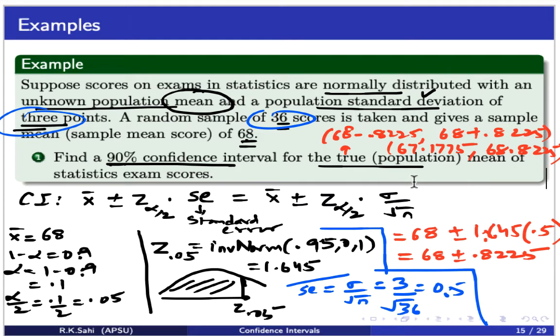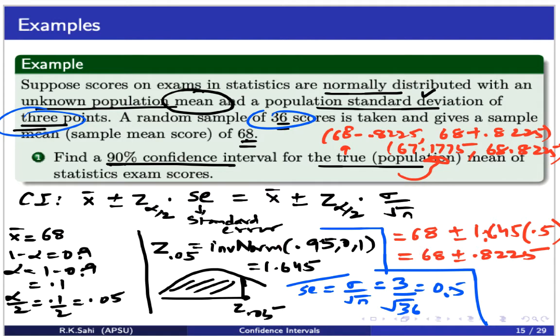Once again, we are 90% confident that the true population mean of the statistics exam scores lies between these values, 67.1775 and 68.8225. Remember, in order to get these values, you have to do all this work.